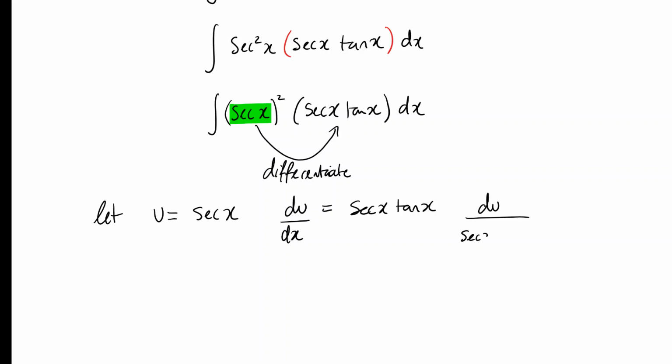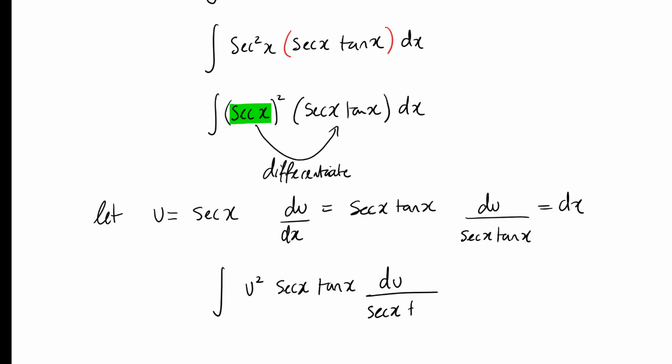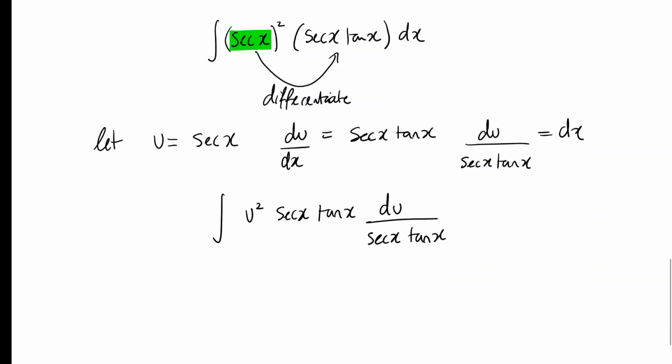Du over sec x tan x is equal to dx, and we can rewrite this integral. So sec squared x, that's u squared, and then we haven't done anything about sec x tan x. We've swapped out dx for du over sec x tan x.